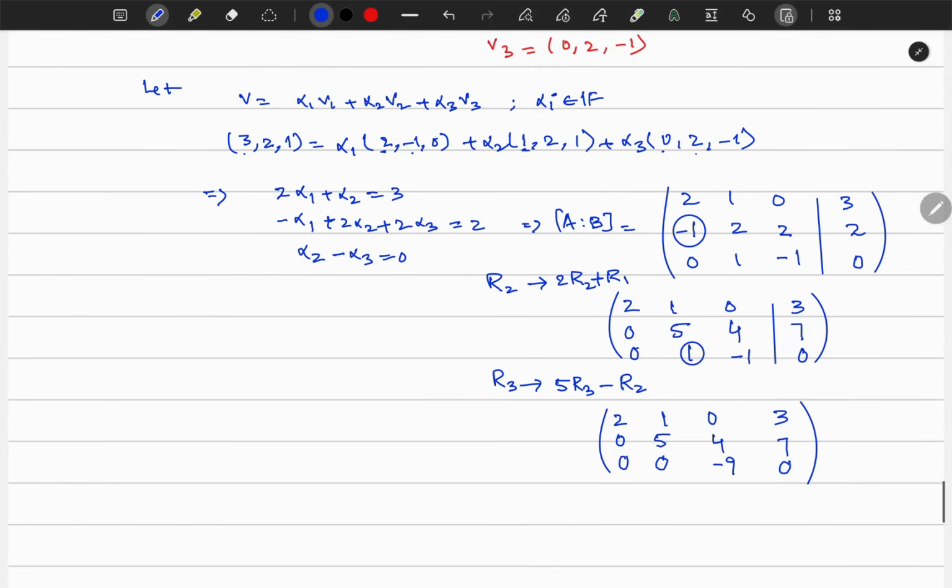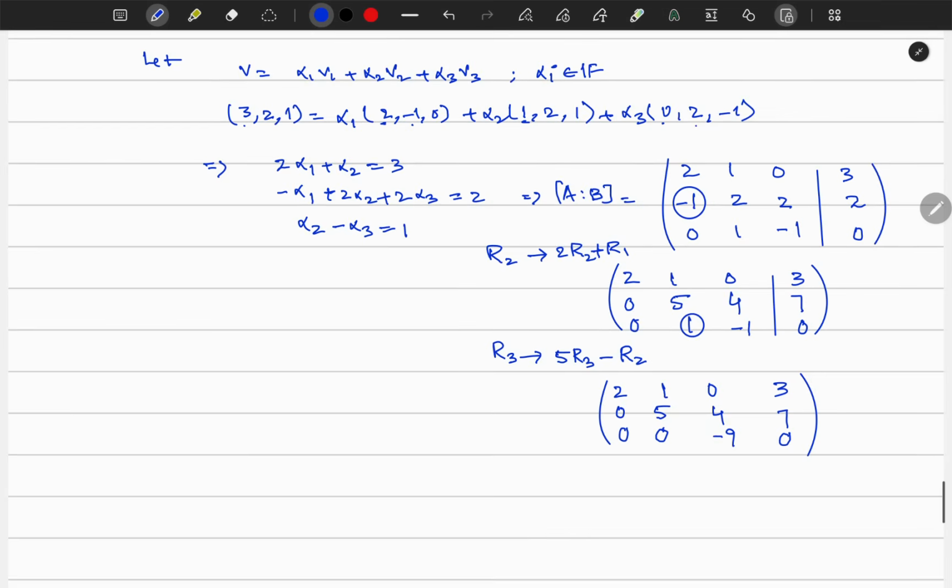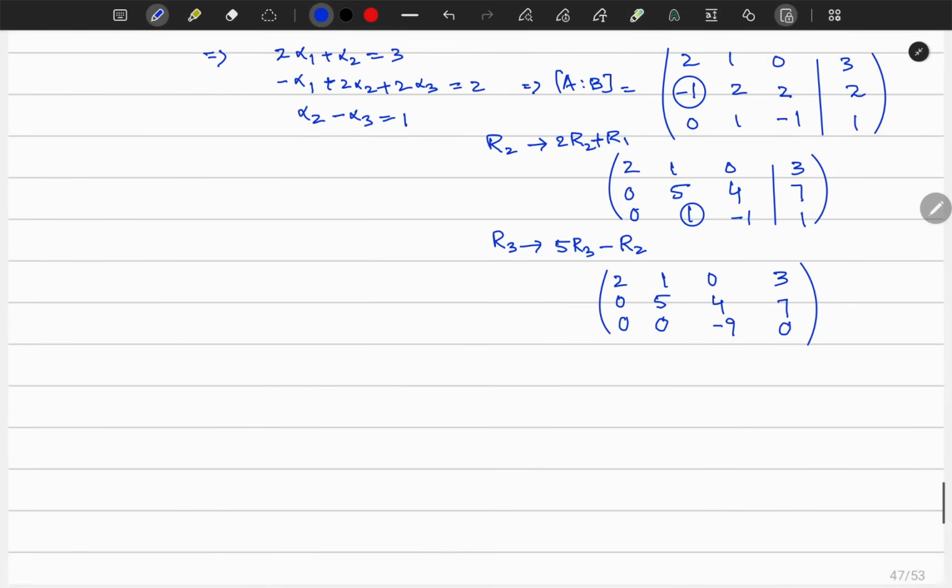Sorry, this is 1, this is 1, because your third coordinate is 1. If you do it, then 5 minus 7 is minus 2.